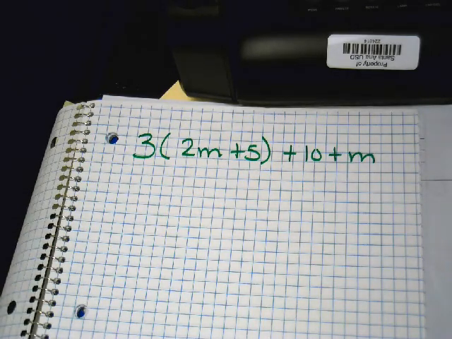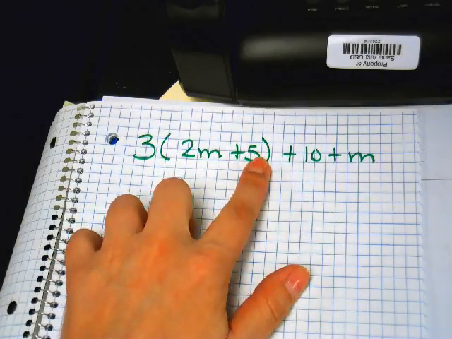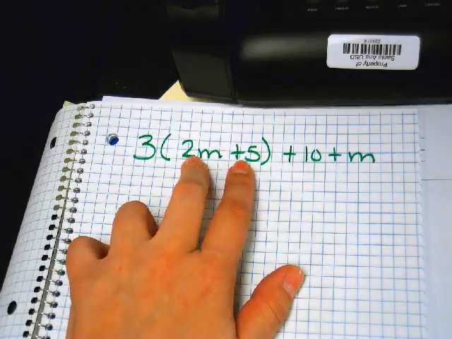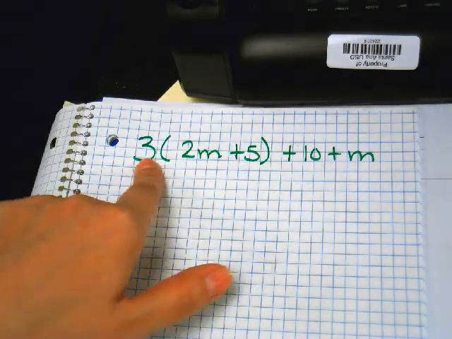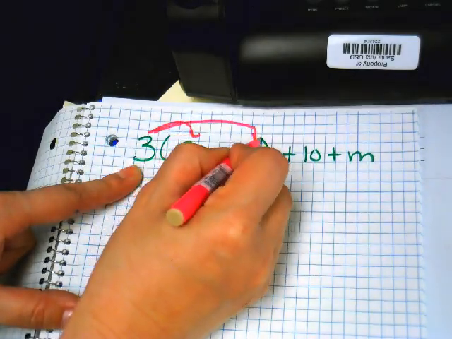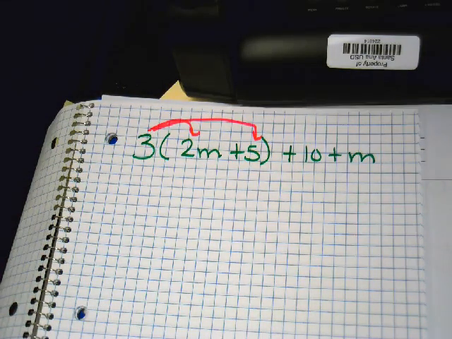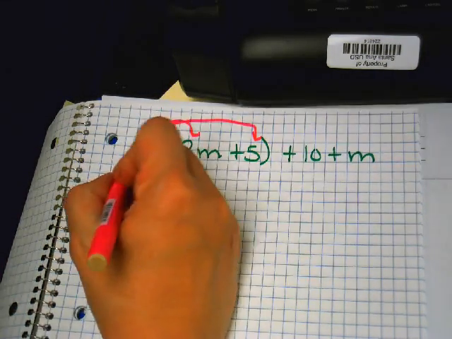Example A. Alright, what do I first have to do? What's inside the parentheses? 2m plus 5. I can't do that, right? I've got a 3 to distribute, so give everyone a 3. Do you want to work ahead of me? By all means, work ahead of me. Thank you, Brianna.